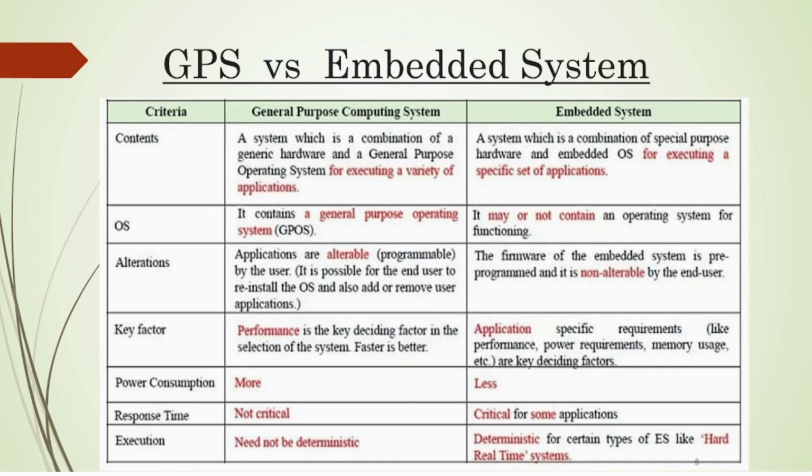Alterations are applicable in GPS, whereas in an embedded system it is pre-programmed and non-alterable by end users.